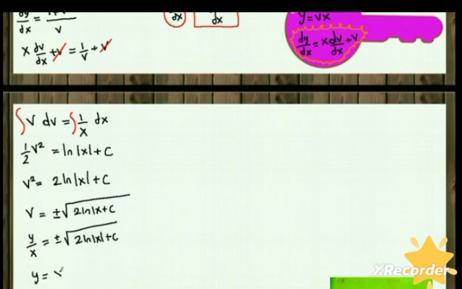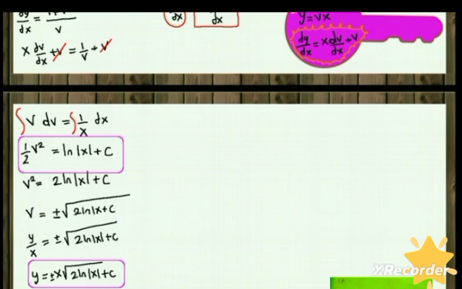So y equals x times plus or minus the square root of 2 ln of x plus c. So this is our explicit form, because y equals a function is our explicit form, and the version with plus c is our implicit form. But we need to substitute v back here.